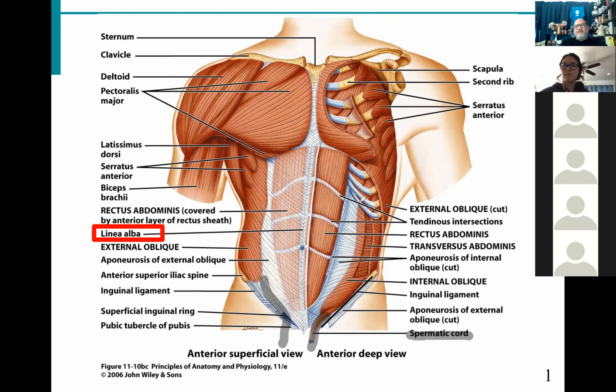Well, why is it significant? Why am I making a point of emphasizing this? Because here in the abdominal pelvic cavity, if you're trying to lift something too heavy, or some other very vigorous activity is taking place where you have a very high increase in pressure in your abdominal pelvic cavity, that pressure will try to find a place to escape.